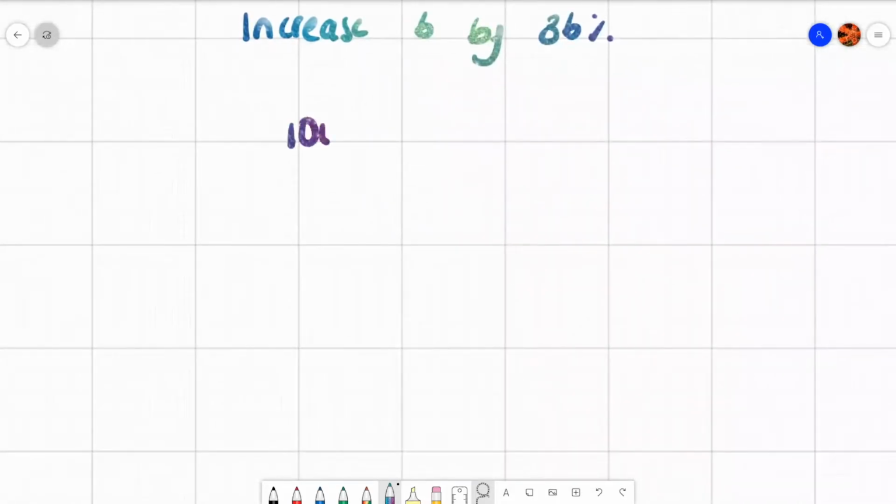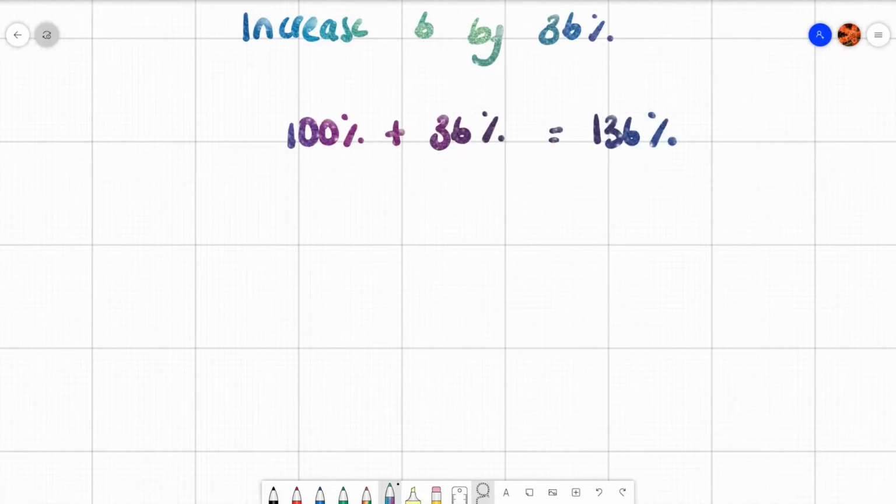I've got 100%, which is 6. I'm making it bigger, so I'm adding 36% onto it. That's 136%. What's 136% as a decimal? Well, it's 1.36. I'm going to do 6 times 1.36. Again, entirely up to you, whatever method you want to use. Normally this would be in a calculator paper, so it's 8 pounds or 8.16.